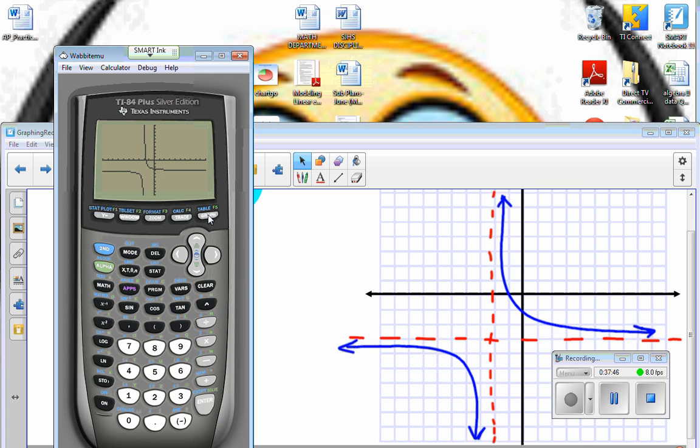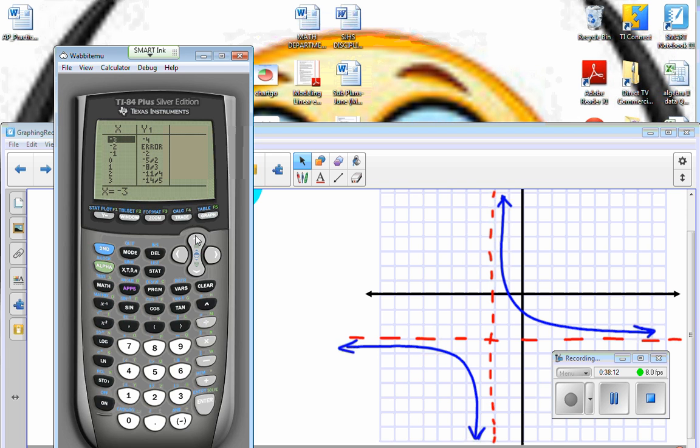If I go to the table, notice at -2, what do you see? Why? It doesn't ever hit that value. What is an asymptote? It's an imaginary invisible line that the graph gets really close to, but it never touches.